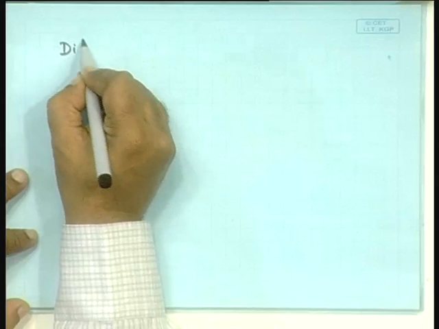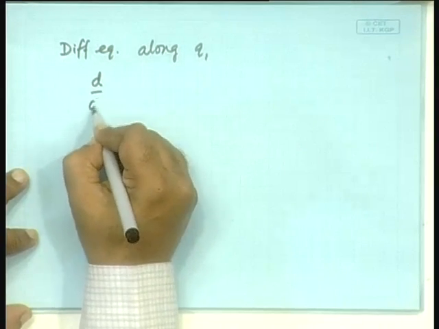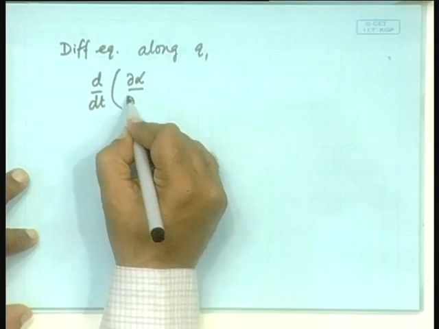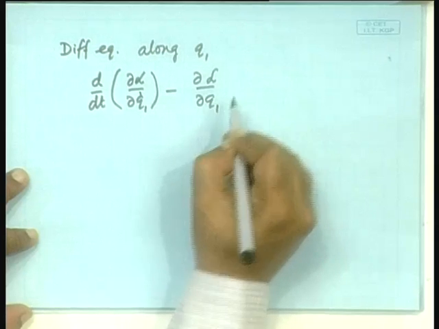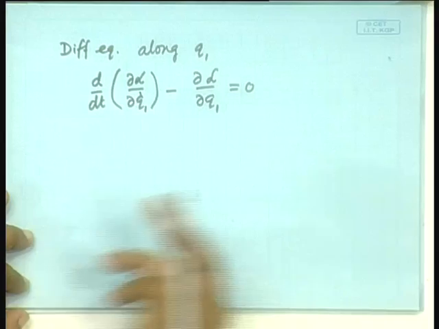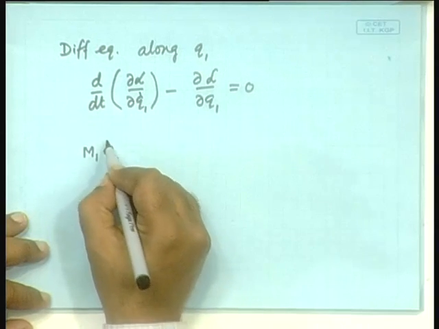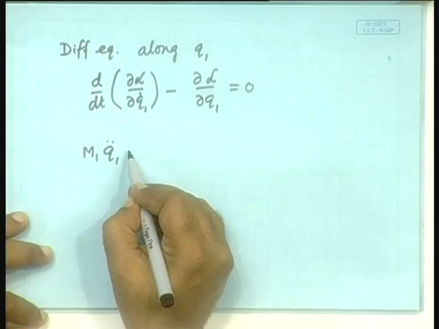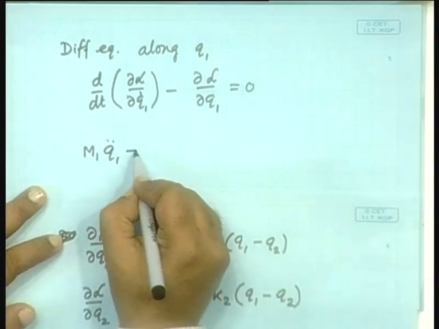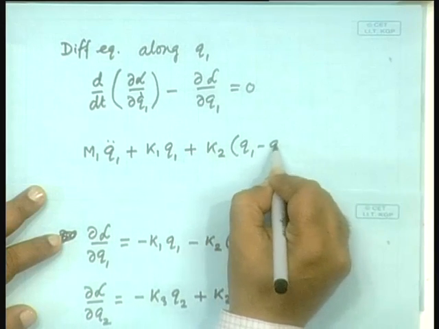So, the differential equation along q1 would be d dt of the Lagrangian derivative with respect to q1 dot minus the derivative with respect to q1 equals zero. Now, if you substitute m1, this fellow would be q1 double dot, because you are taking the derivative with respect to time once again, and then minus this term, so plus k1 q1 plus k2 q1 minus q2. Okay, happy?